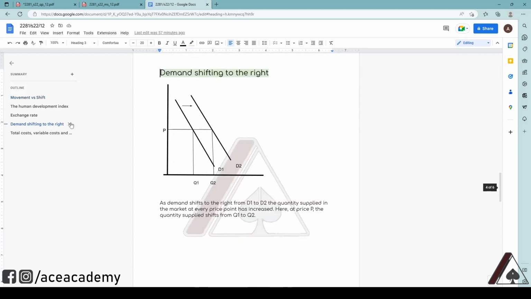What happens when demand specifically shifts to the right? If demand shifts to the right, there's going to be a higher demand. So it means that at a certain price point, if previously you got a quantity at Q1, you would now get a quantity at Q2, which is a greater amount of quantity that you're getting for the same price that you're paying.